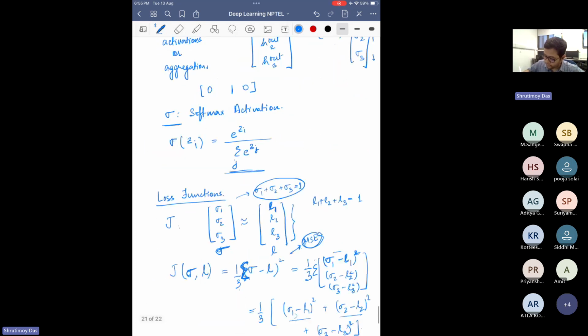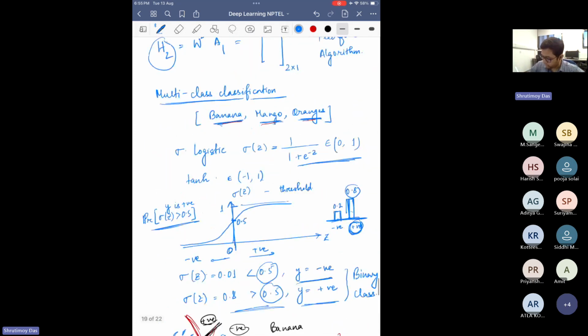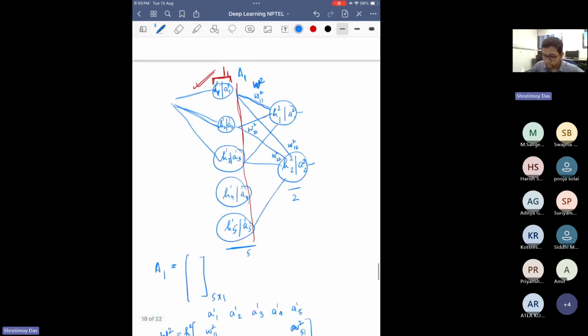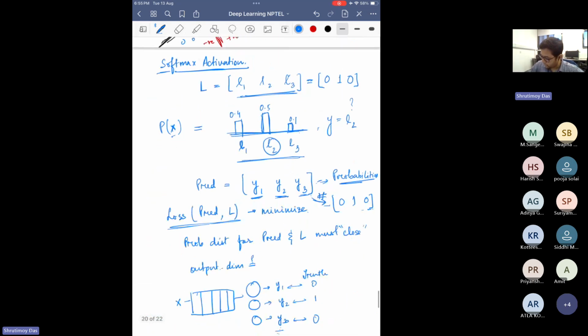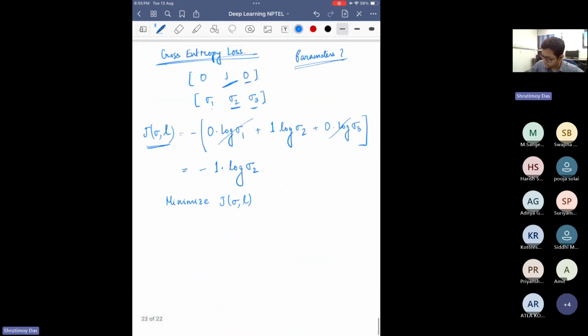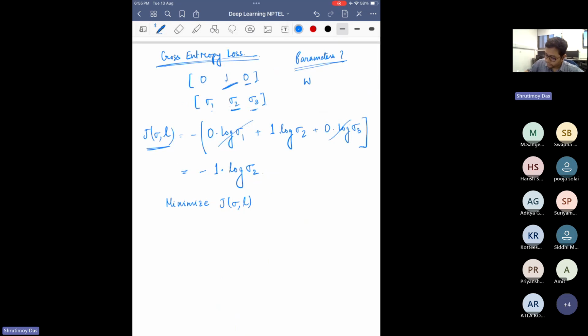In the example that you were discussing, we don't have any biases here. So now our parameters are the weight matrix for layer 1 and the weight matrix for layer 2. These are the parameters that we have. Suppose I say that we have some vector or matrix set theta, which is a set of all of these parameters W1 and W2.